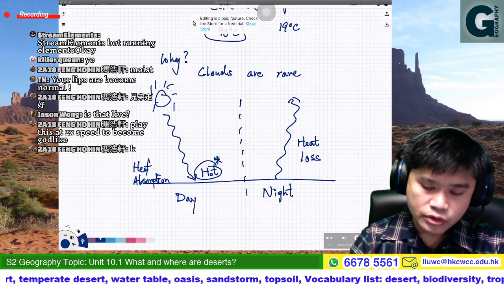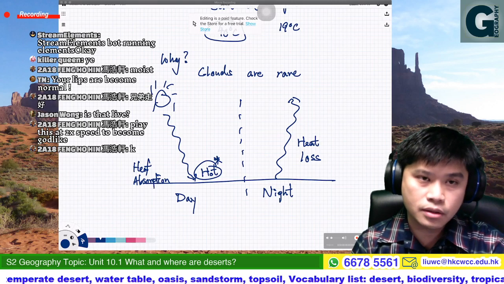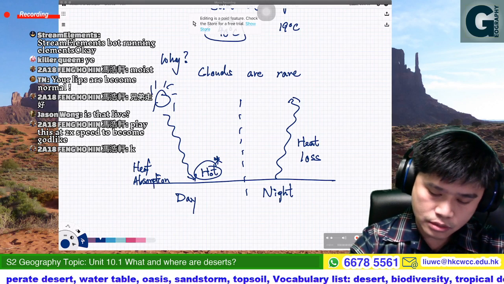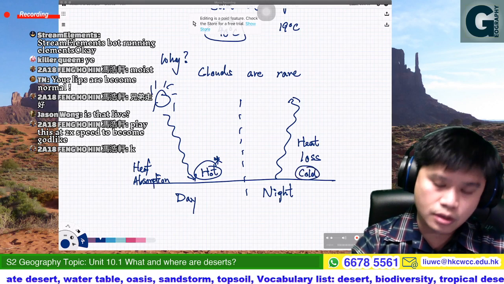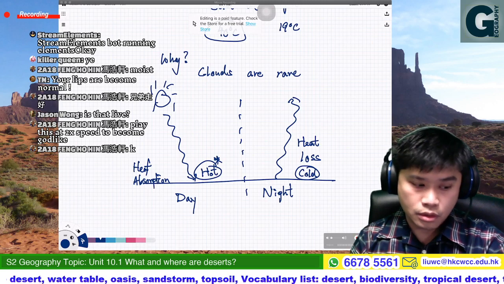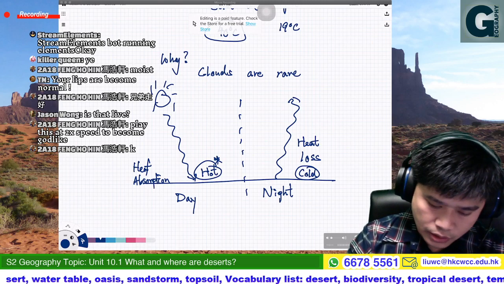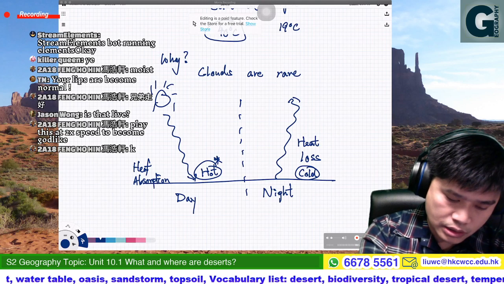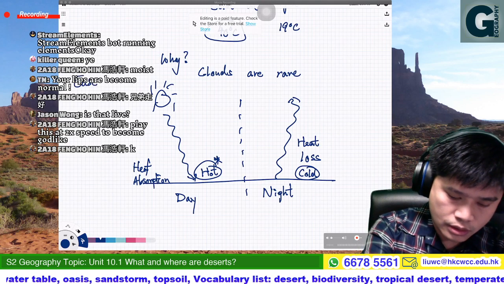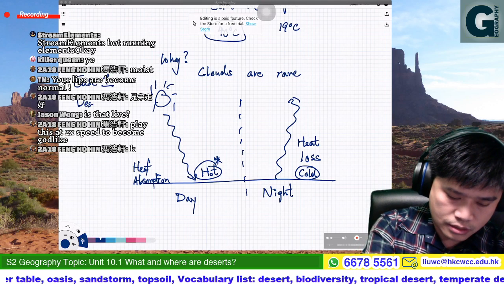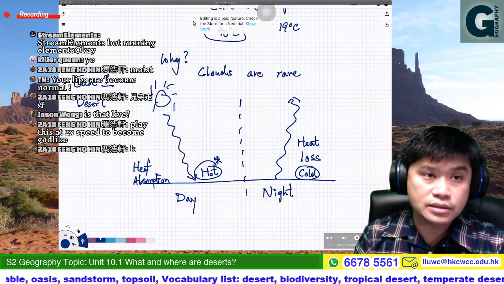So the temperature would drop rapidly, and it could be cold. This is case one, in the desert.